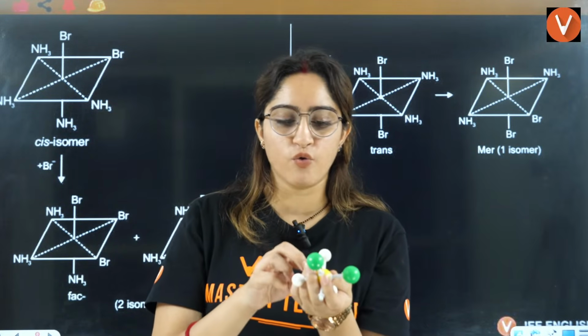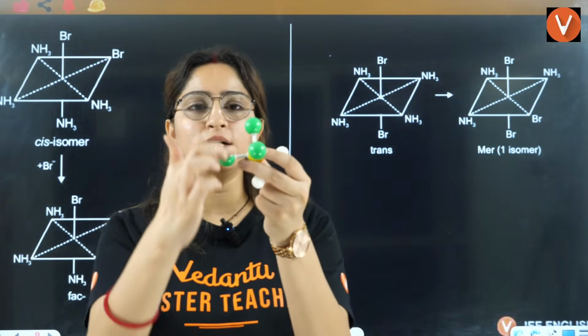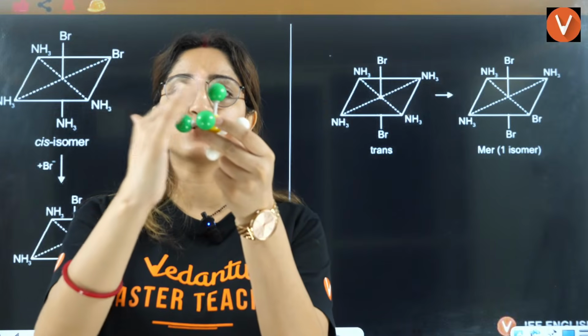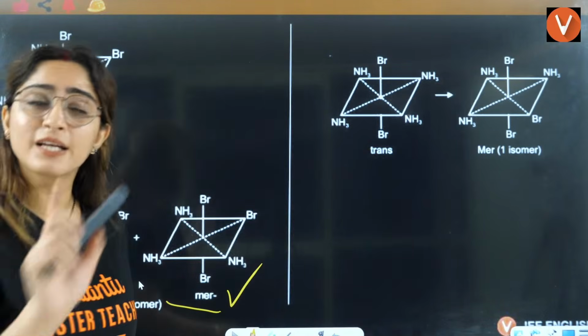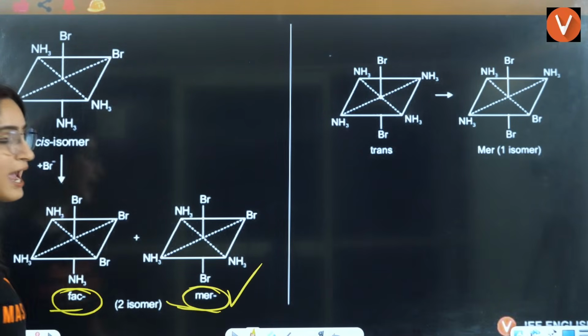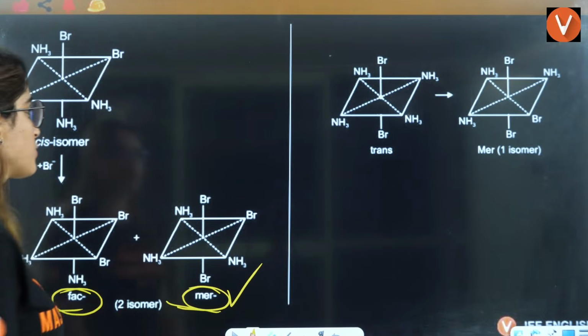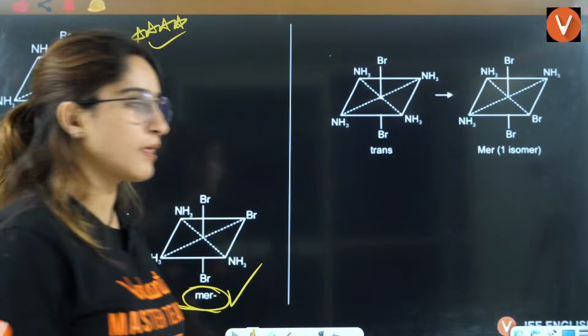If you replace it over here, it will form a facial isomer, that is on one face. That's why it's a very important question. Then it will have one facial and one meridional isomer. Very important.